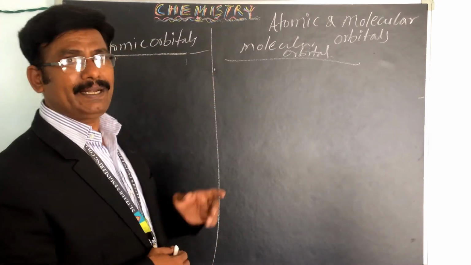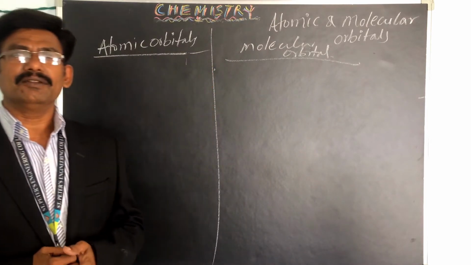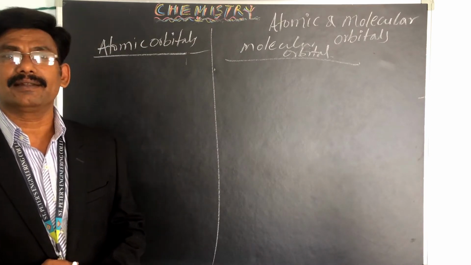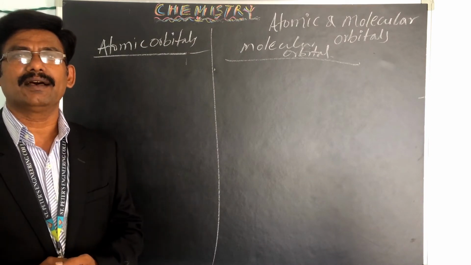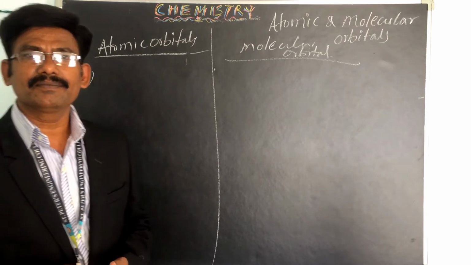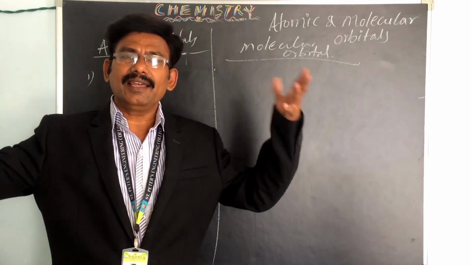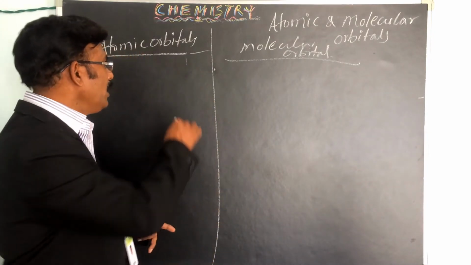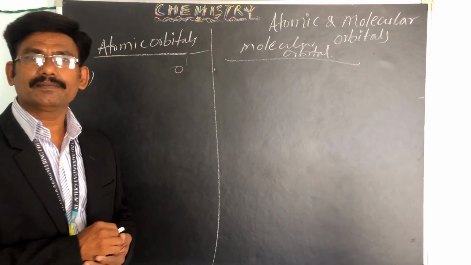A region where there is a high probability of finding an electron in an atom is known as an atomic orbital. In an atom, only one atom.